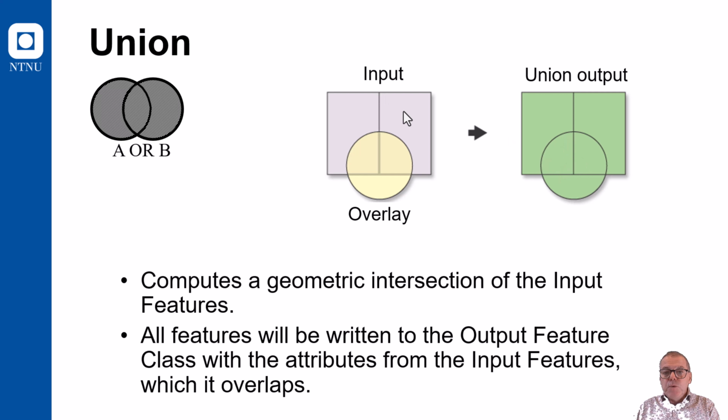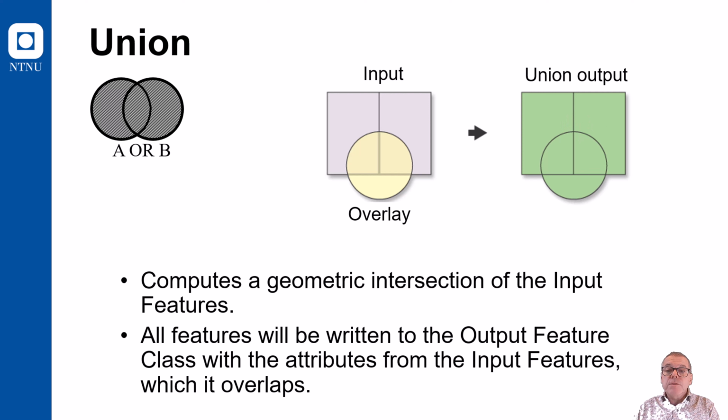Whereas there are two polygons in the input and one in the overlay, the output has 1, 2, 3, 4, 5 polygons. And also the attribute table is updated. So there is an attribute table for the input here, typically with 2 rows and 1 row for the overlay layer. But the output will have 5 rows in the attribute table.